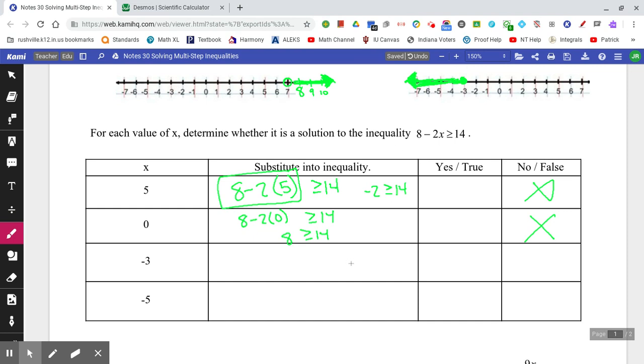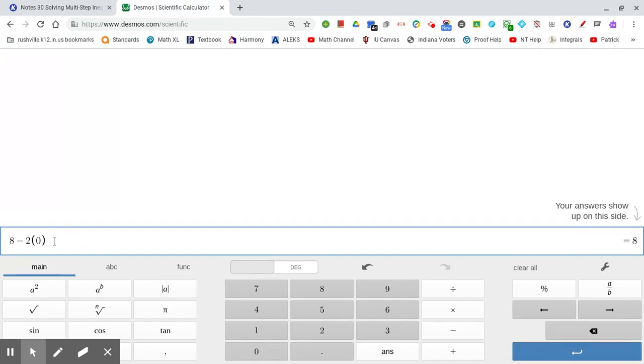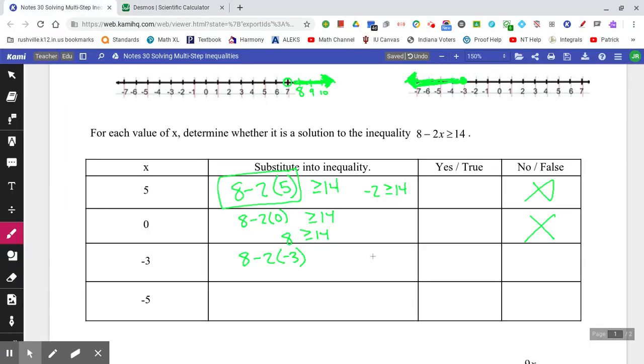All right, negative 3, we already verified that up above. How did I verify that? I did 8 minus 2, and in the parentheses I put the negative 3. Again, if you're not comfortable with doing this on your own, just use Desmos to do it for you, and this gets me 14. And 14 is not greater than 14, but because of this or equal to symbol, 14 is equal to 14, that makes it a true statement.